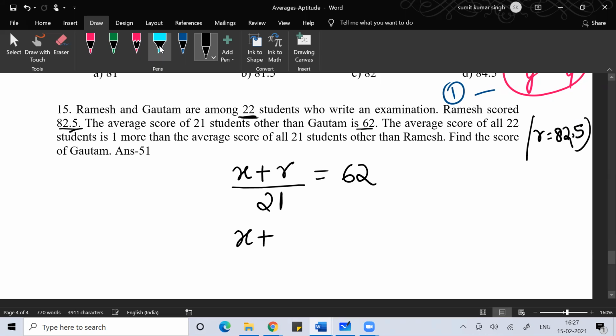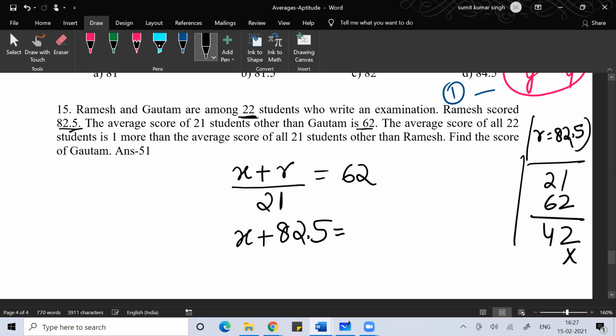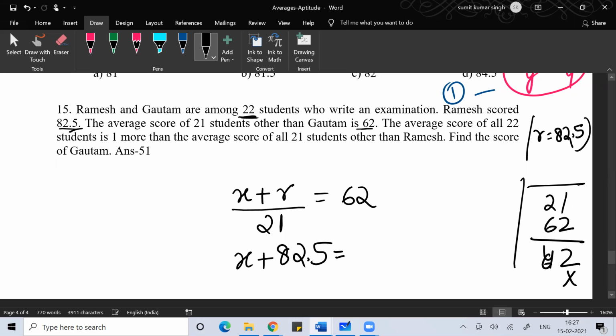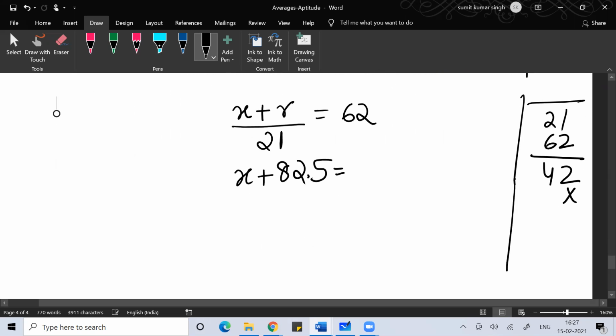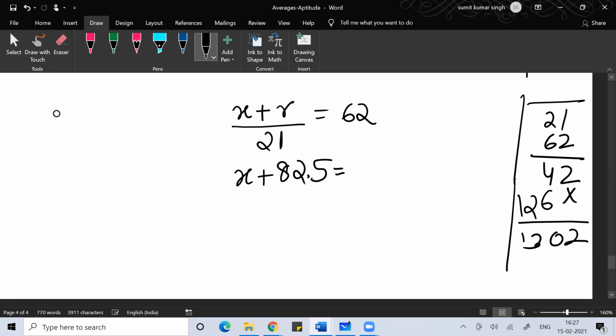So X plus 82.5 is 21 into 62. 21 into 62 is 1302. So the value of X is equal to 1302 minus 82.5.